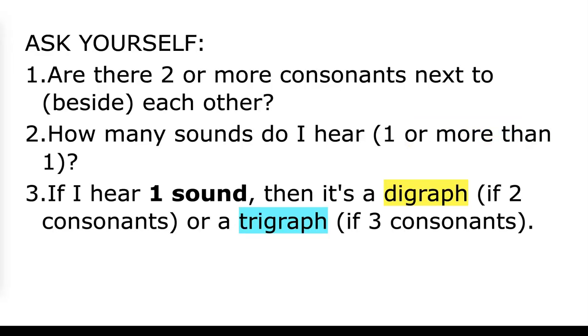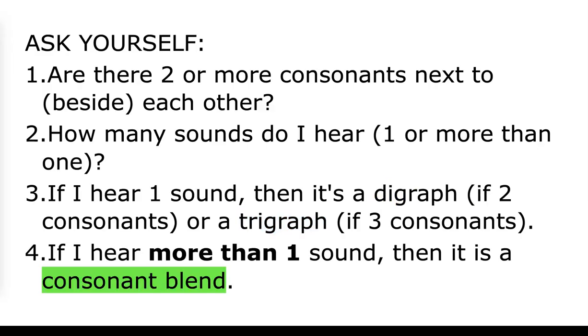If I hear 1 sound, then it's a digraph if I'm looking at 2 consonants, or a trigraph if I'm looking at 3 consonants or 3 letters together. And if I hear more than 1 sound, then it is a consonant blend.